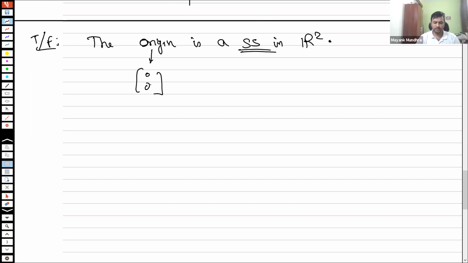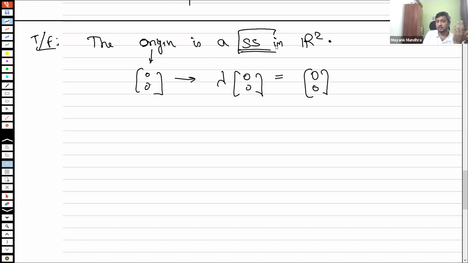Is the origin a subspace in R square? Sir, I guess yes. It is very good. So it is because if you take lambda times 0, 0, it is continuing to be 0, 0, which is the original set that you started with.